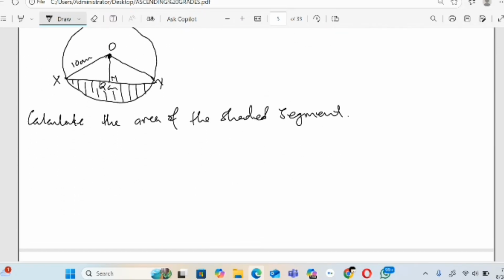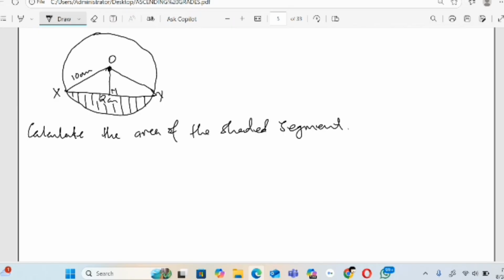Now we use the same approach that we've used on example 1, whereby we're going to find the area of the segment, the area of the sector minus the area of the triangle.